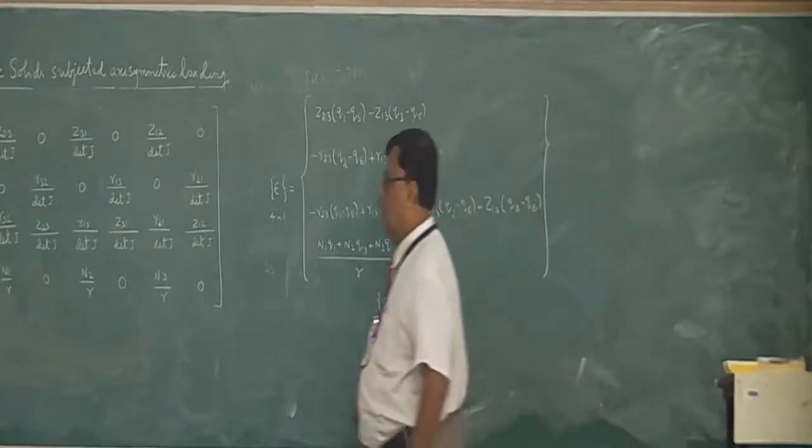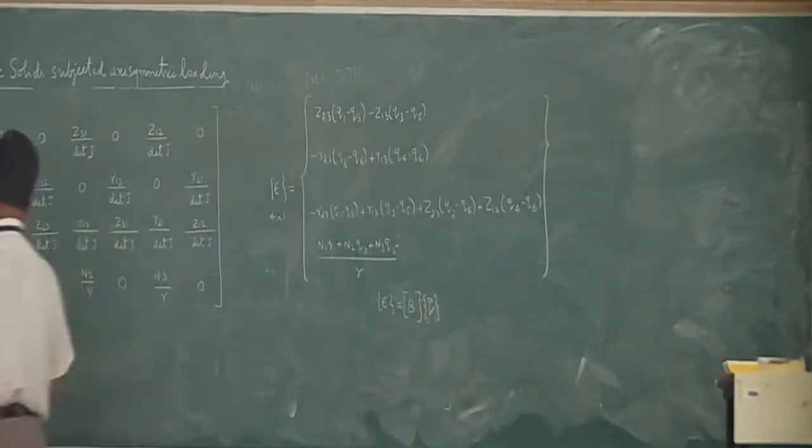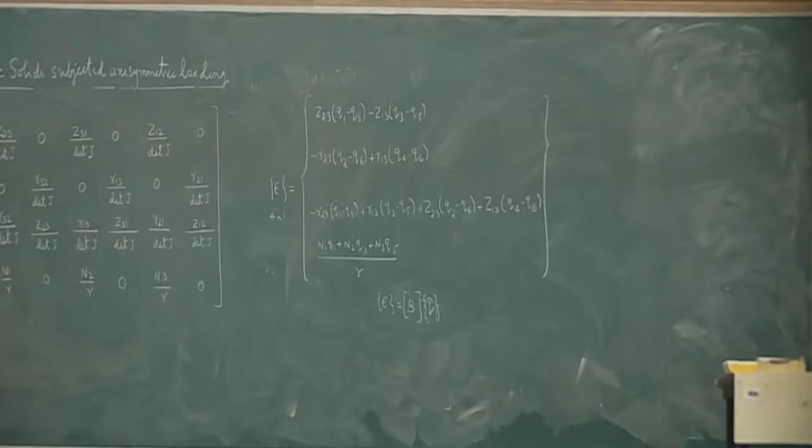You can write that this B matrix is of size 4 by 6. This is called the element strain displacement matrix.